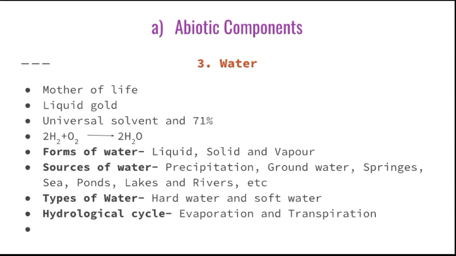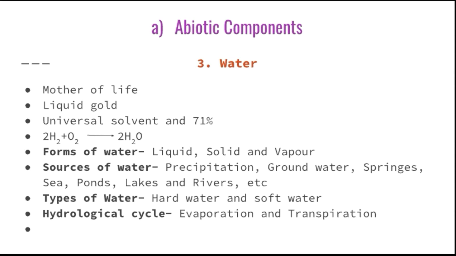The excess amount of water absorbed by the plants is vaporized from various parts of the plant body. That phenomenon is called transpiration.